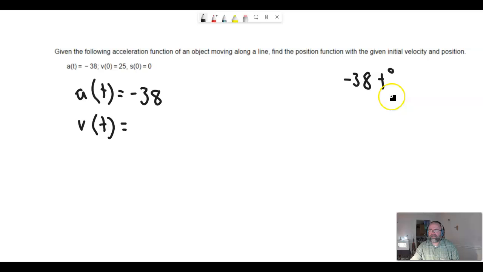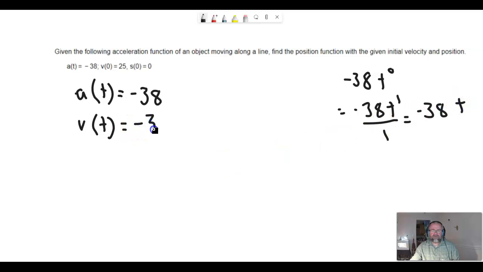And then if we apply the antiderivative rule, that means we add 1 to the exponent, and then we divide by that new value, by the 1. So that's going to equal negative 38 t to the 1 all over 1, which is just equal to negative 38t. So that's where we get that negative 38t.